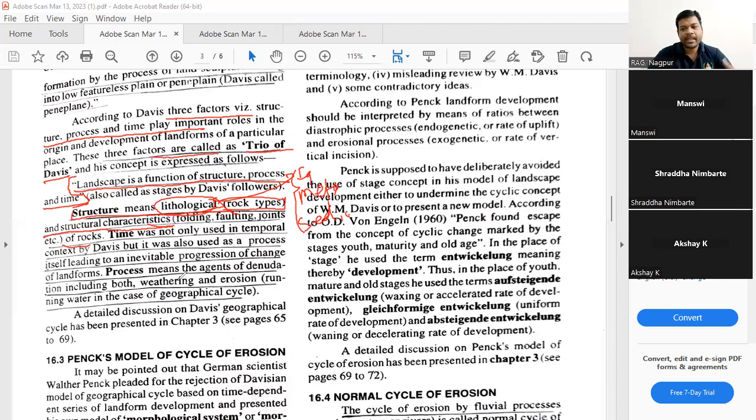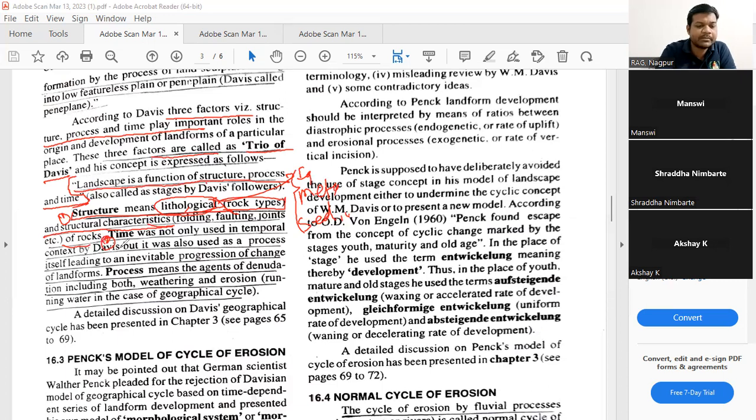Easier weathering will occur if the rock is highly jointed, but if it is a compact rock, it won't be broken or weathered so easily. So structure plays a major role in the formation of the geomorphic cycle. This is one factor.